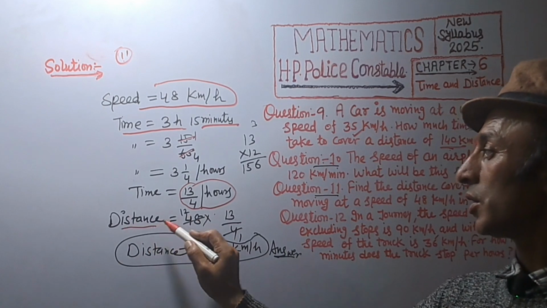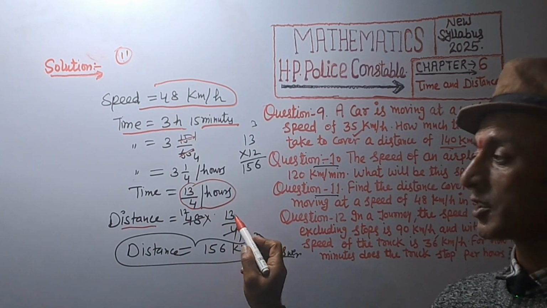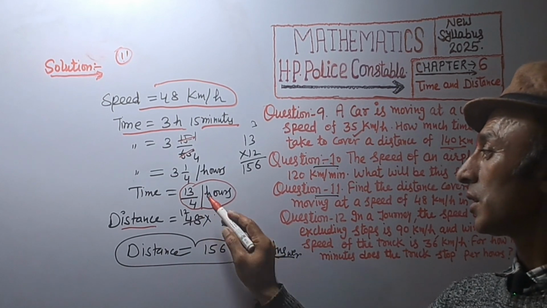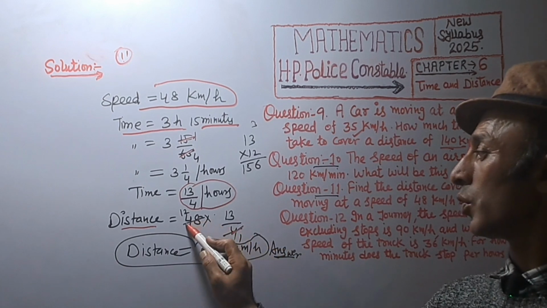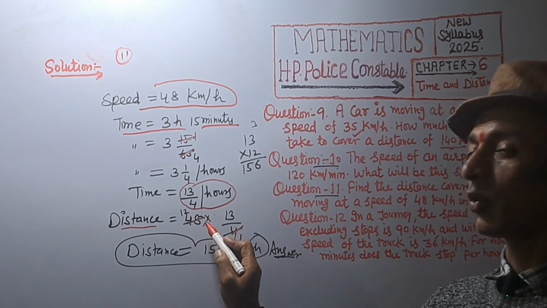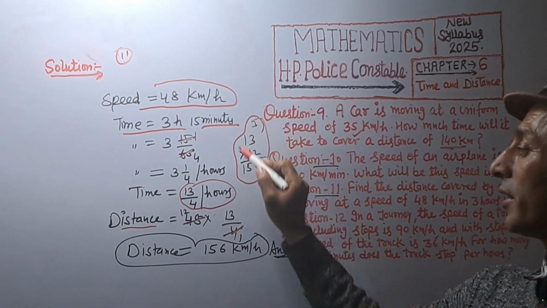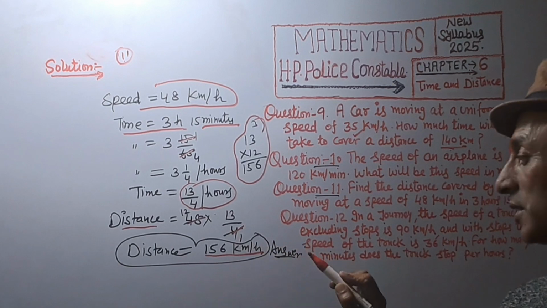And distance is equal to speed multiplied by time. Speed is 48 km per hour, time is 13 upon 4 hours. 4 ones are 4, 12 fours are 48 and 12 multiplied by 13. We get 156 km distance.